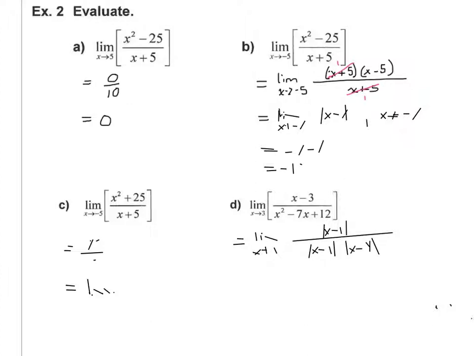Well, that would be x minus 4. And again, of course, we end up with some canceling here. And so we end up with the limit of x approaching 3 of 1 over x minus 4. And of course, now direct substitution will work. X, of course, cannot equal 3. And when we substitute in, we get 1 over 3 minus 4, or the value of negative 1.